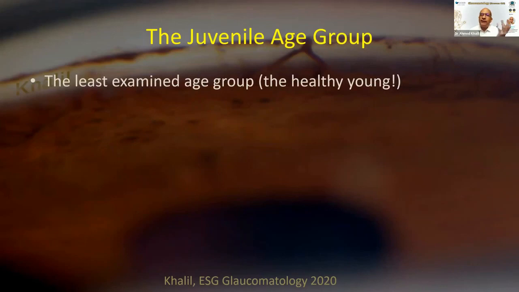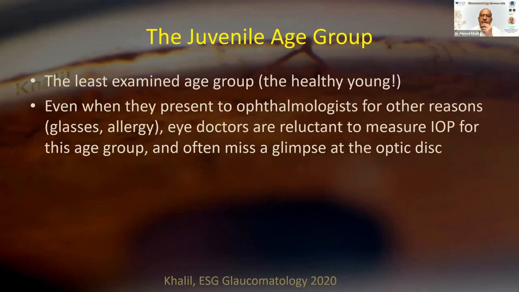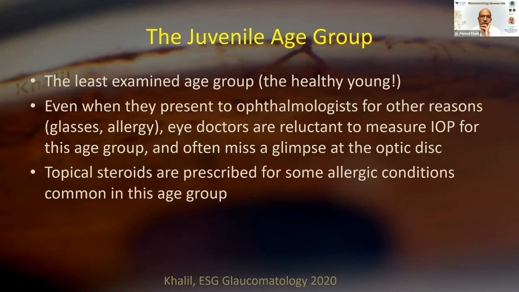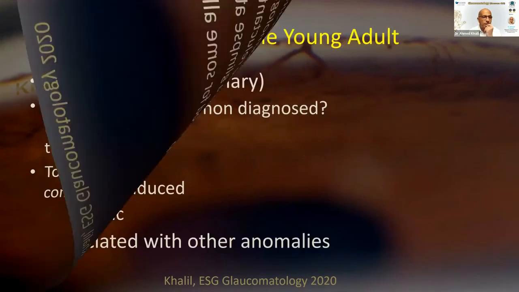They are the healthy young. Why should I measure their intraocular pressure? Even when they present to ophthalmologists for other reasons like glasses or allergy, eye doctors are usually reluctant to measure eye pressure for this age group and often miss a glimpse of the optic disc, as we have seen in several of our cases. Topical steroids are commonly prescribed in this age group for allergic conditions.